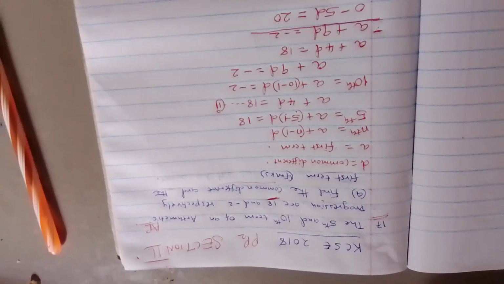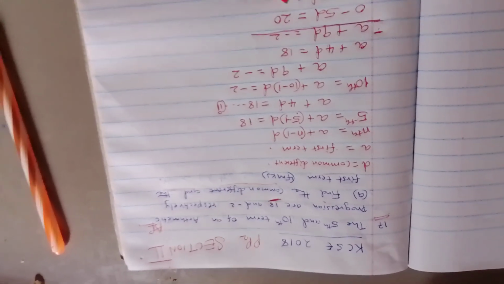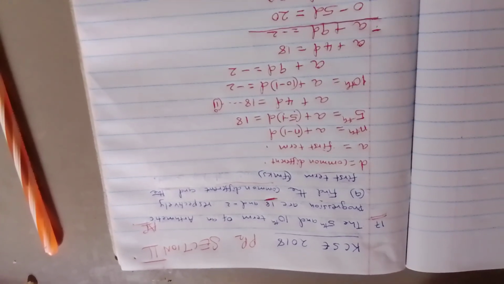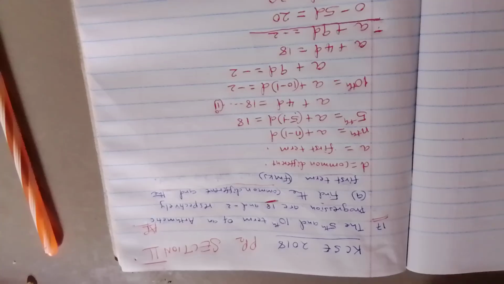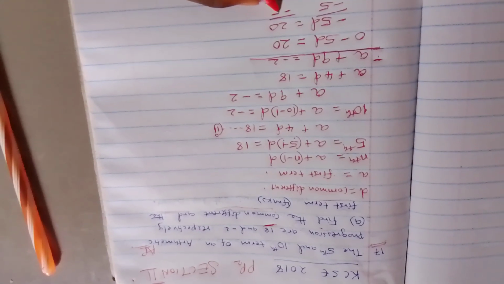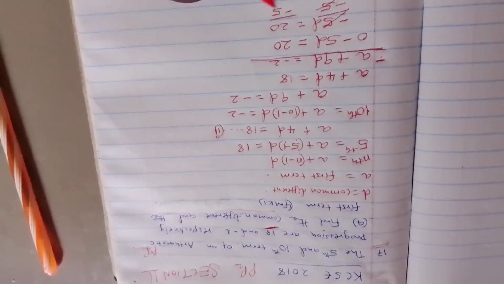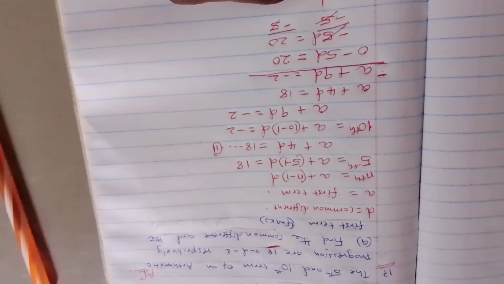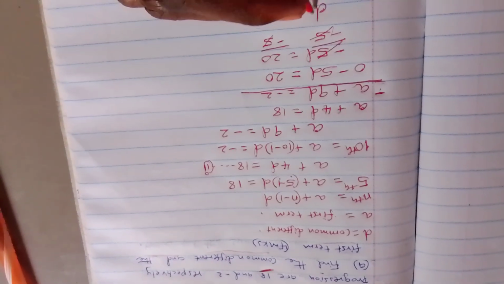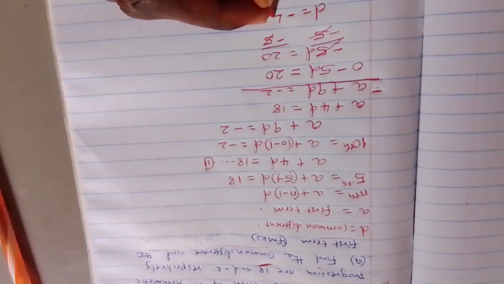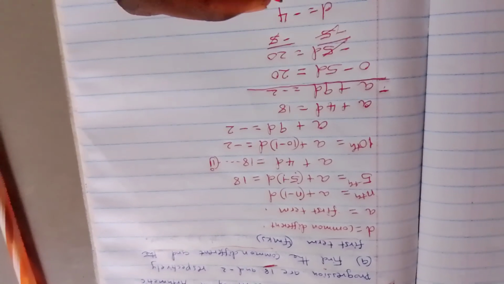Therefore -5d is equal to 20. So we divide by -5. Therefore, d is equal to -4.